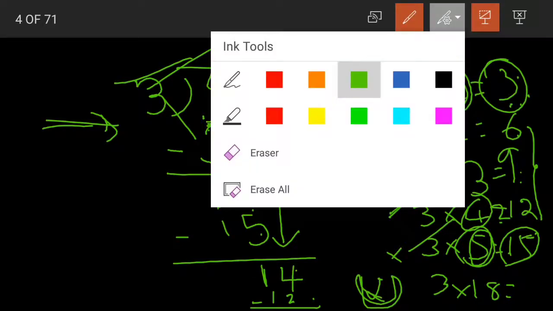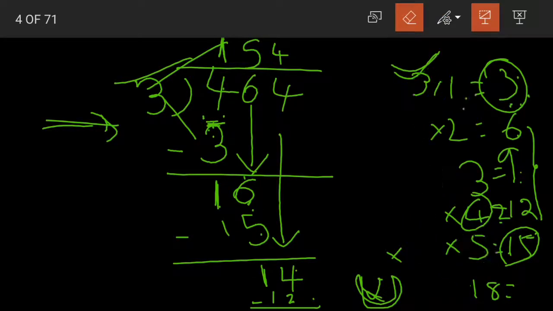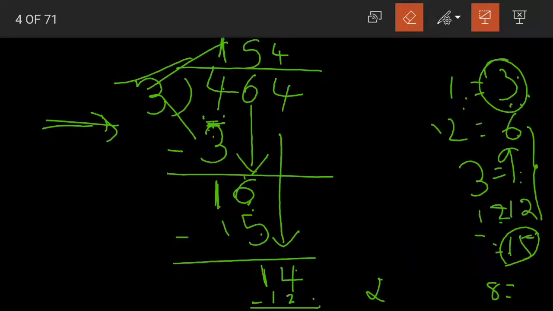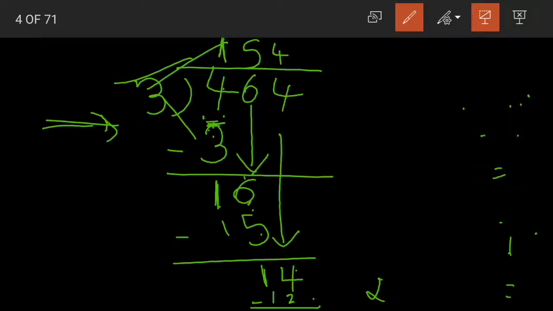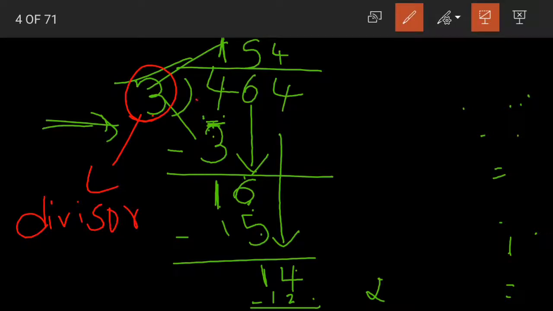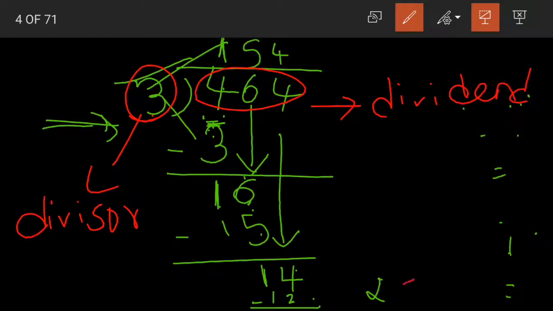Now from this, what are the dividend, divisor, quotient and remainder? Let me erase all this stuff. Now 3 is doing the work of division, so it becomes the divisor. 464 is being divided, so it becomes our dividend. 2 is remaining at the last, so it becomes our remainder.